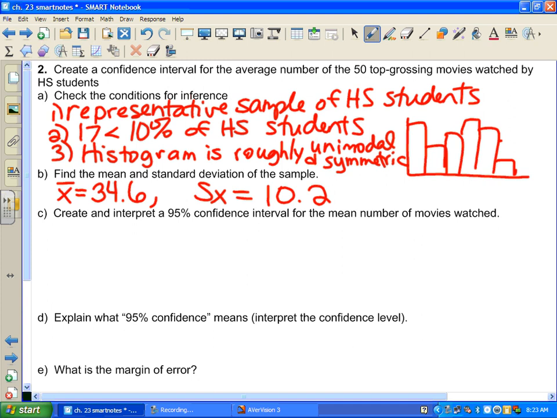Okay, so let's create and interpret a 95% confidence interval. You can use the calculator, yes, but I'm going to show you the formula anyway. So let's go through the little pink sheet I just gave you and make sure we do all the steps. The first thing, first letter of PANIC, is the population parameter. So what are we trying to estimate in this confidence interval?